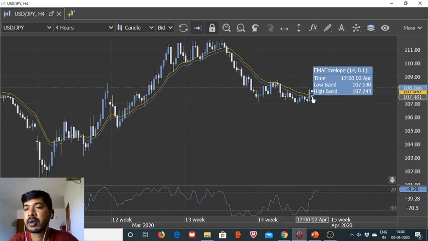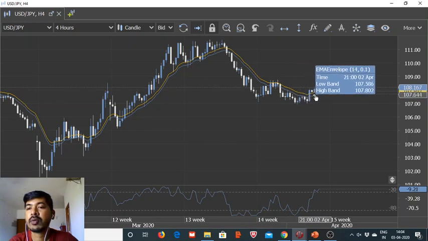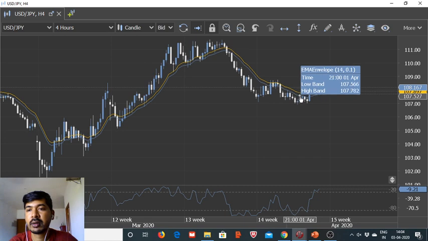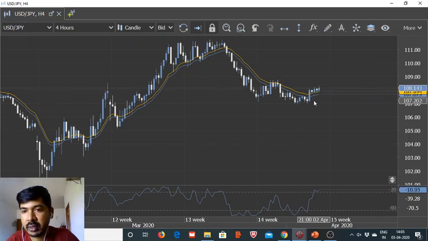Let us again check for 17 GMT. Here we have 74.5, and no. So we go for 21 GMT. Here we have 107.80, and okay, now as you can see, EMA envelope buy conditions are being fulfilled at 21 GMT of 2nd April.